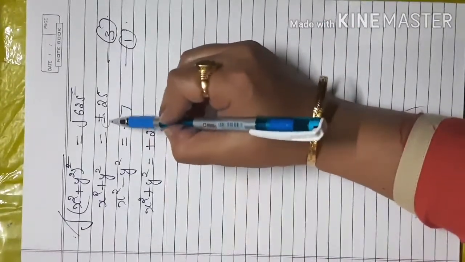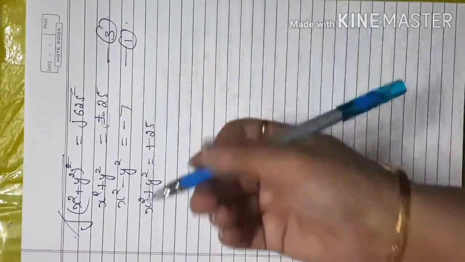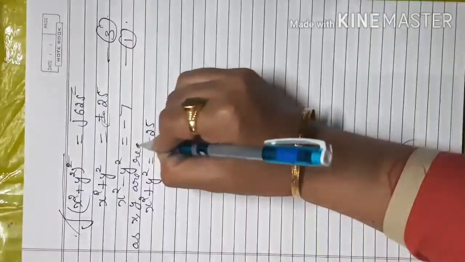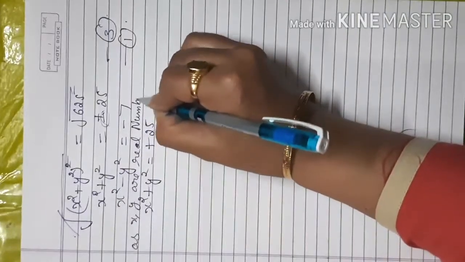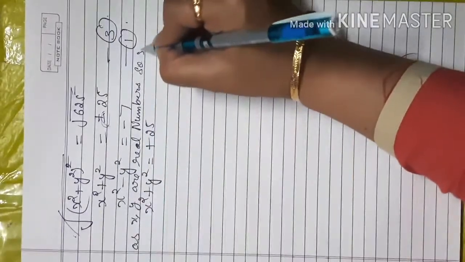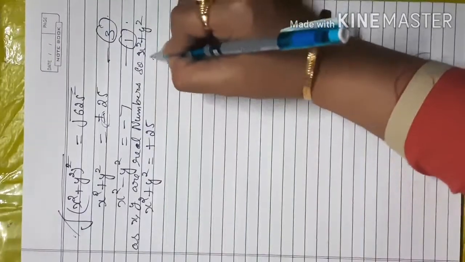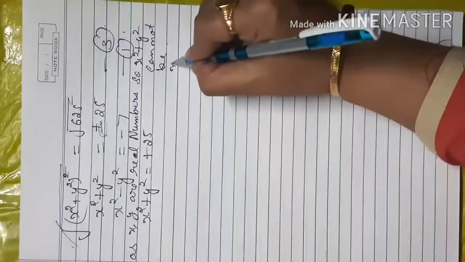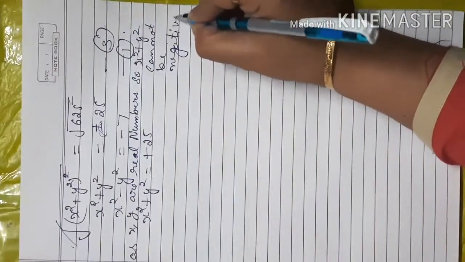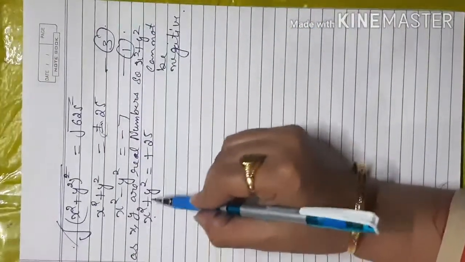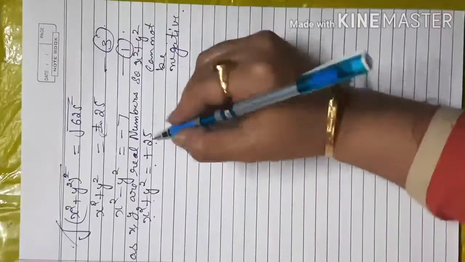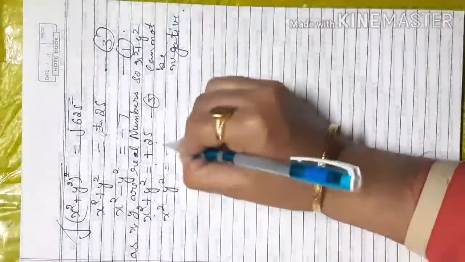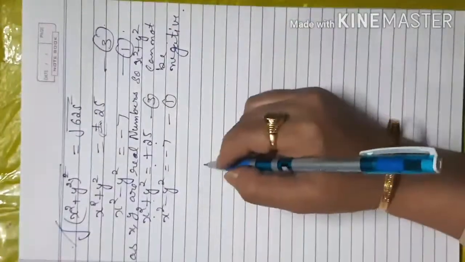And x square minus y square is equal to minus 7, which is already my first equation.